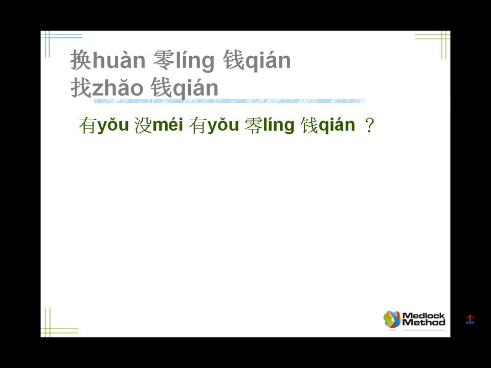First, how do you say change? 零钱. So he asks you, do you have any change? 有没有零钱? He might explain, I can't break it. Break it into 10s or 50s.